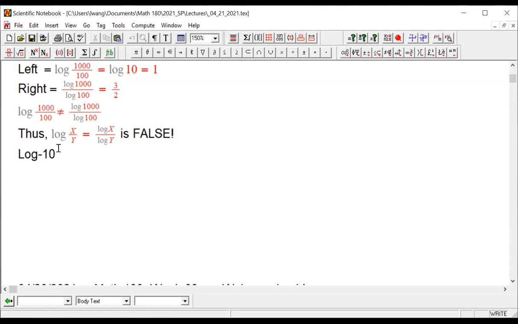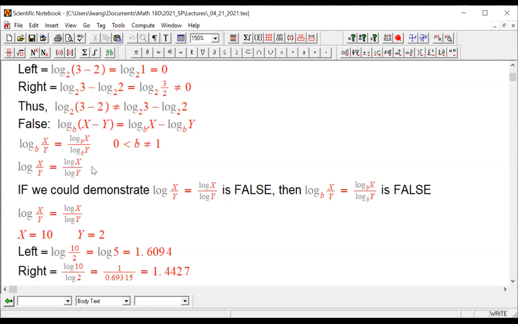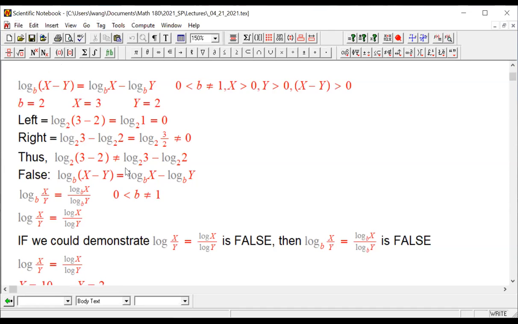Log 10 is about the change of base formula. But by the time we get to log 10, we have learned a lot of other properties, so feel free to use them, right?